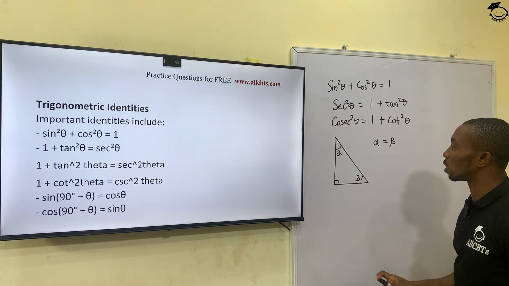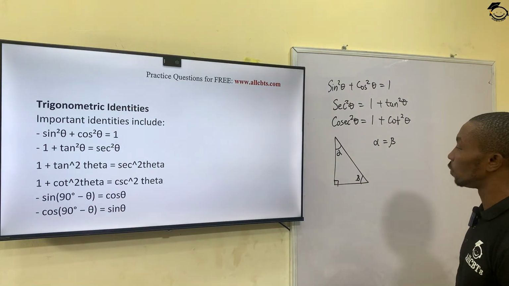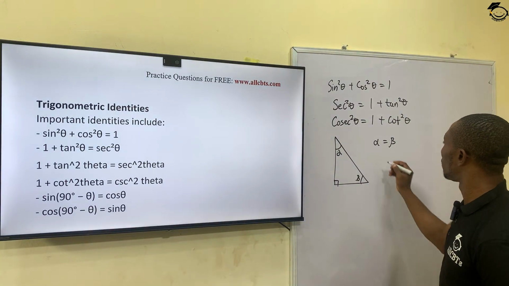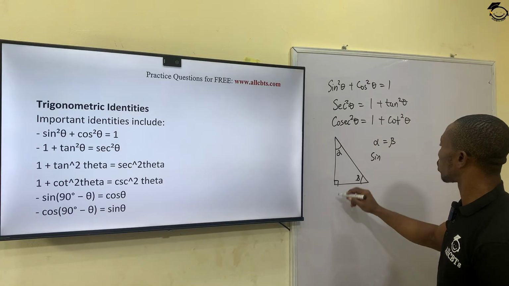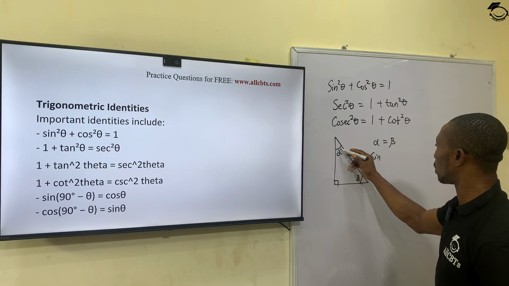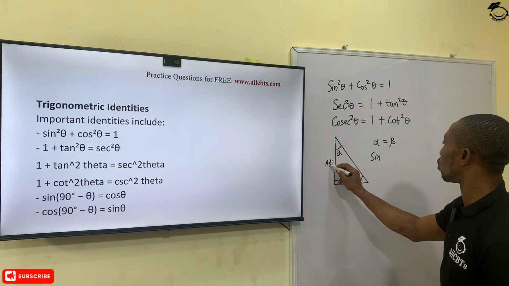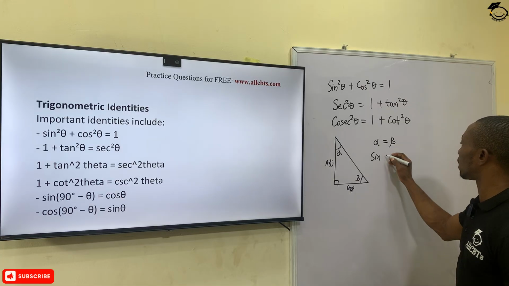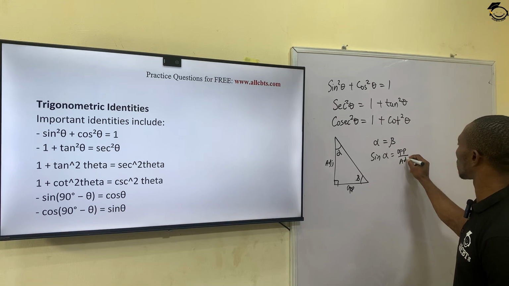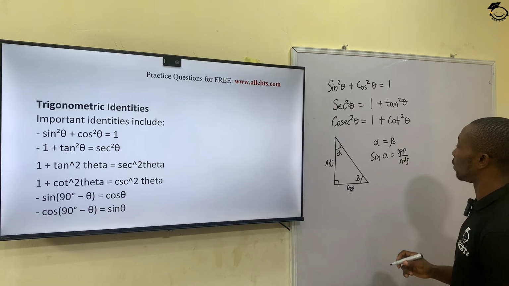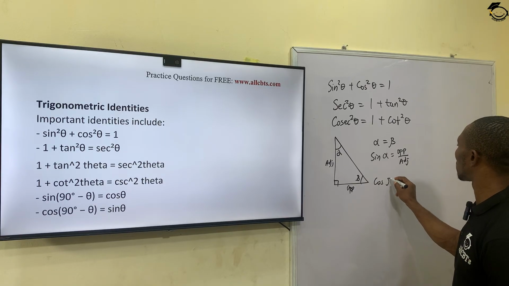We are simply trying to say that alpha plus beta would give you 90 degrees. So when you have your alpha, sine alpha, considering alpha, this is opposite, and this will be adjacent. Now, considering alpha, sine alpha, which is opposite over hypotenuse, would give us same thing as cos beta.